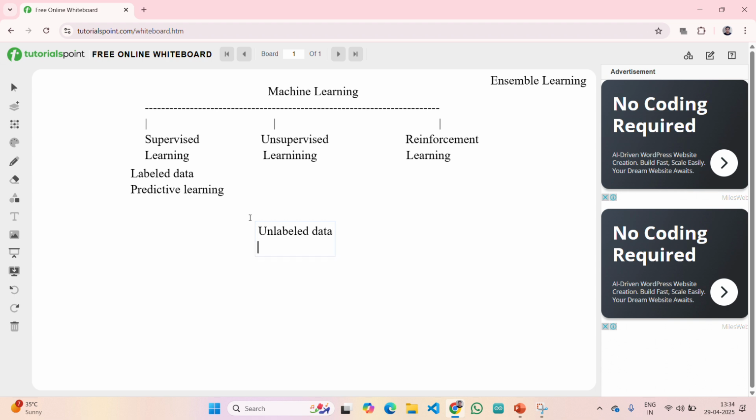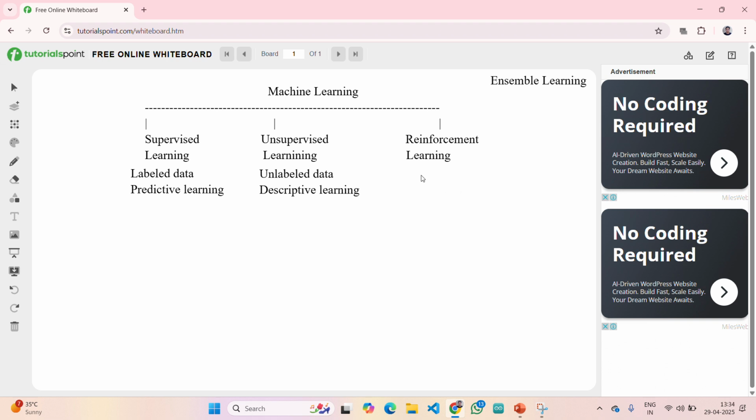Here we will go into detailed information like k-means, k-median and such clustering algorithms. This unsupervised learning is also known as descriptive learning. These are the points for unsupervised learning.